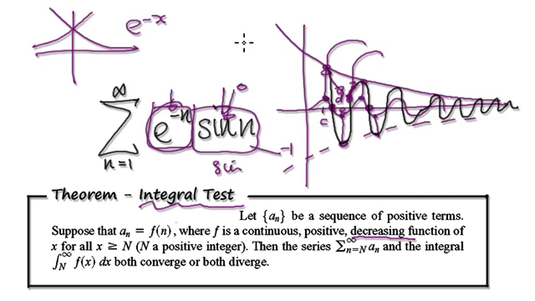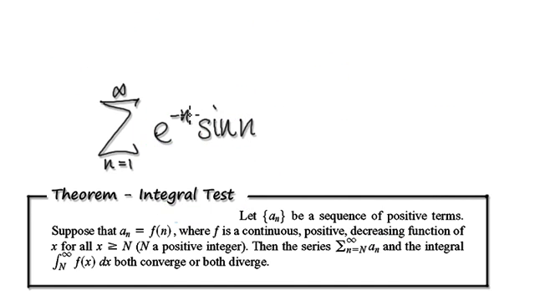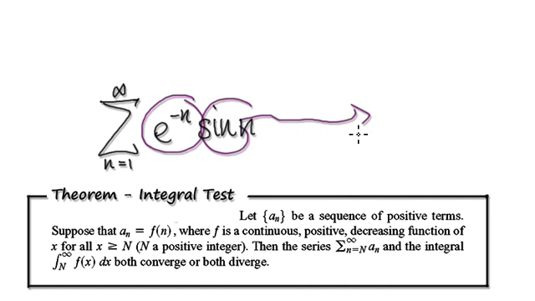Even though on the grand scale of things, overall it's going downhill because of this e to the power of minus n. But on a microscopic scale, around this region here, it is actually climbing. And if you really want to see that for yourself, then differentiate this, and you can see that the gradient will increase somewhere in there.